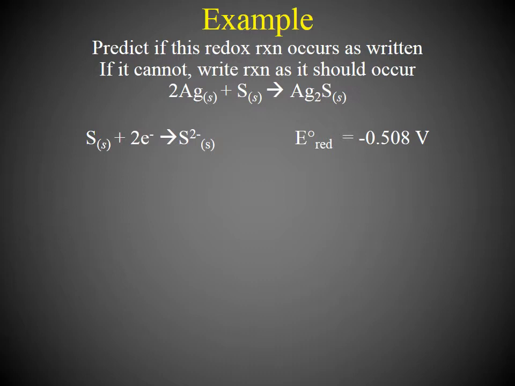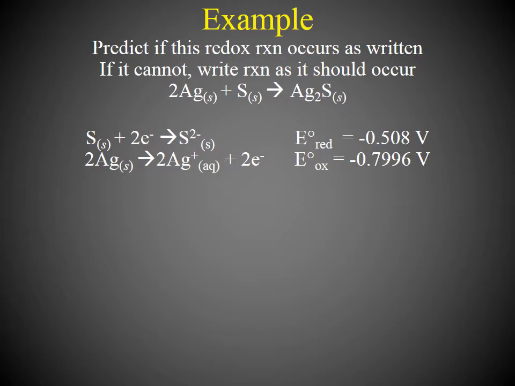Since sulfur is being reduced, I leave the information I get from the table as is. On the other hand, I have to flip the silver reduction reaction since as written in the equation it's being oxidized.